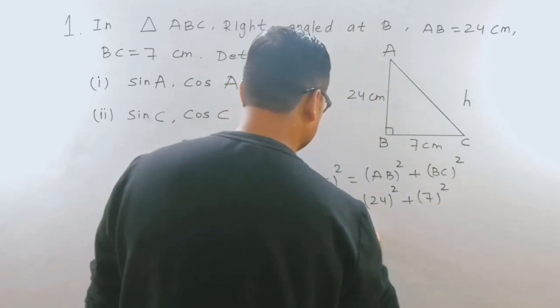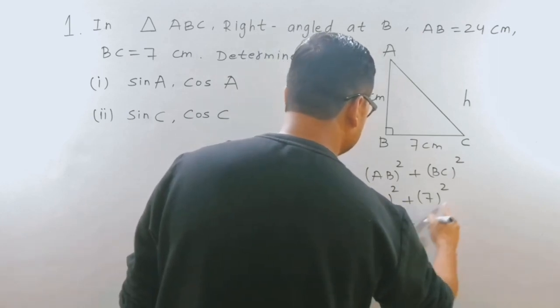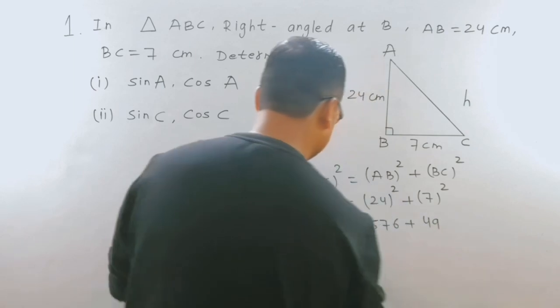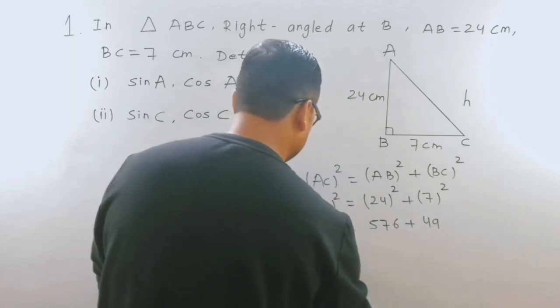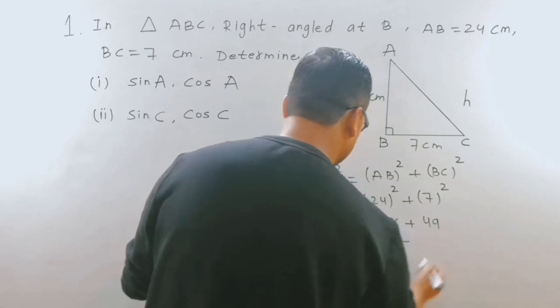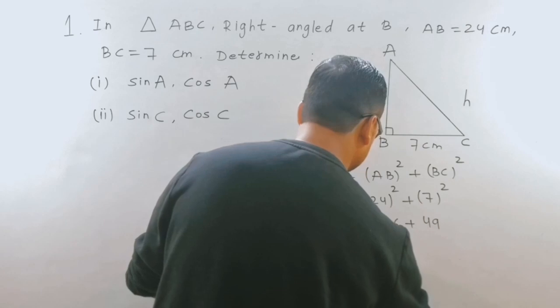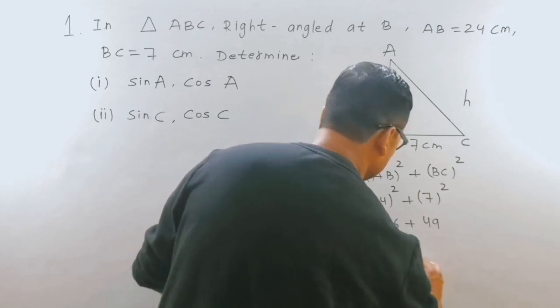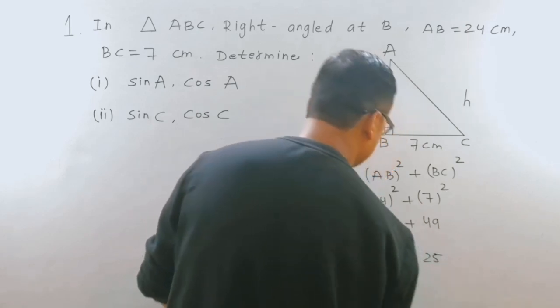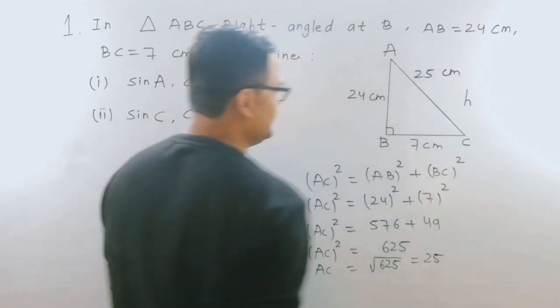Now this is 576 and this is 49. When I add these two, I will get 625. Then AC will be the square root of 625, that is 25. It means I got AC as 25 centimeter.